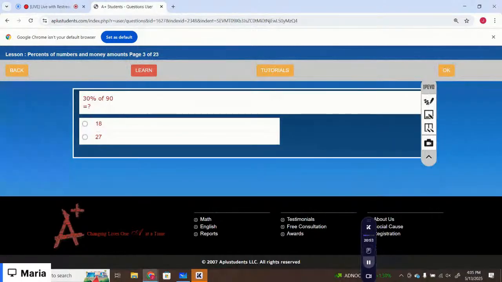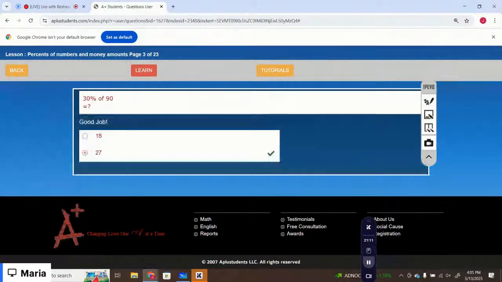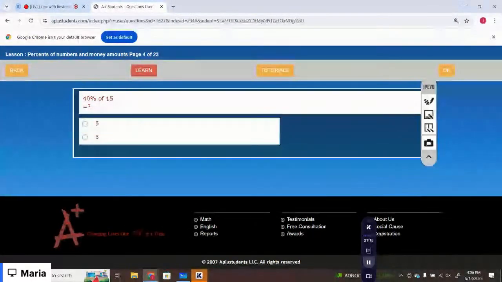30% of 90, which is the correct option? 30% of 90 is 27. Option number 1 is the correct option. Okay, the next one is 40% of 15. Which is the correct option?